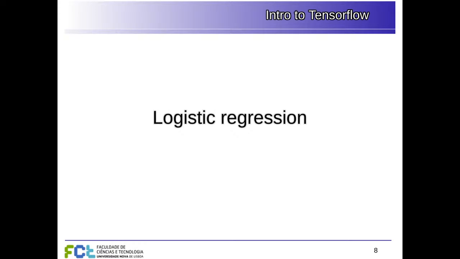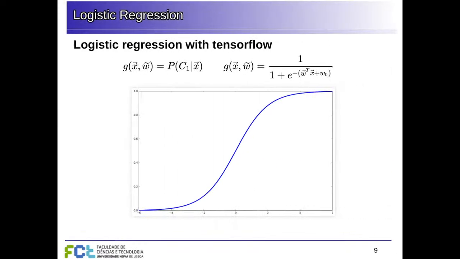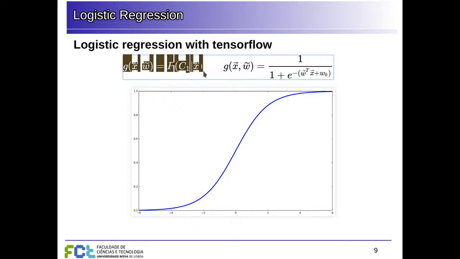Okay, so let's implement logistic regression. This is the basic idea. We have this function that approximates the probability of some vector x belonging to class 1. The function has this form, the sigmoid function here, and what we do is we have this set of adjustable weights that we multiply by the features of the point we want to classify.